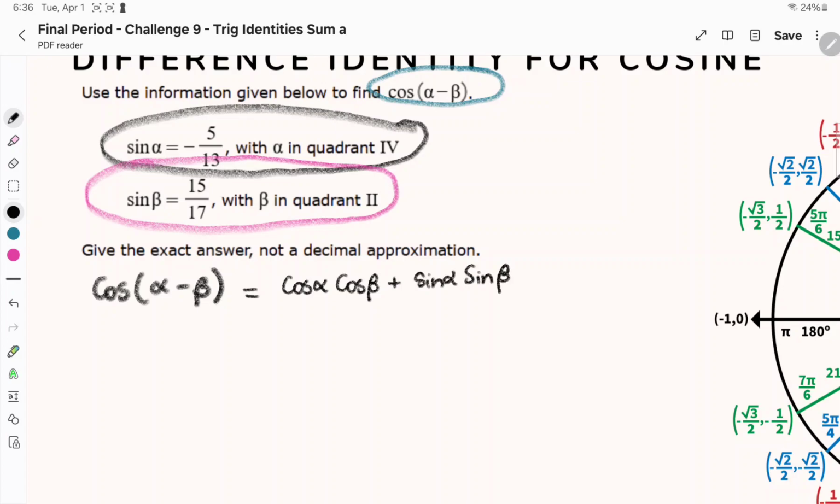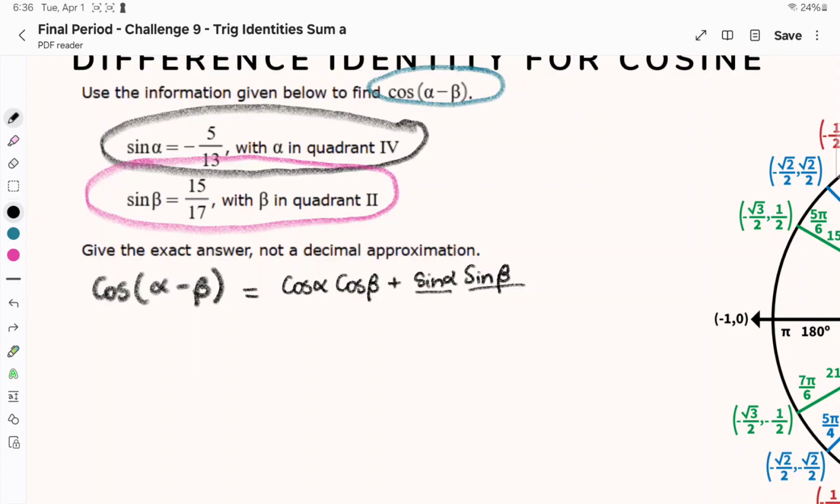Okay. So, look, we already have sine of alpha and we already have sine of beta over here, right? So that's going to make things easier for us. We just need to find cosine of beta and cosine of alpha. How do we do that?